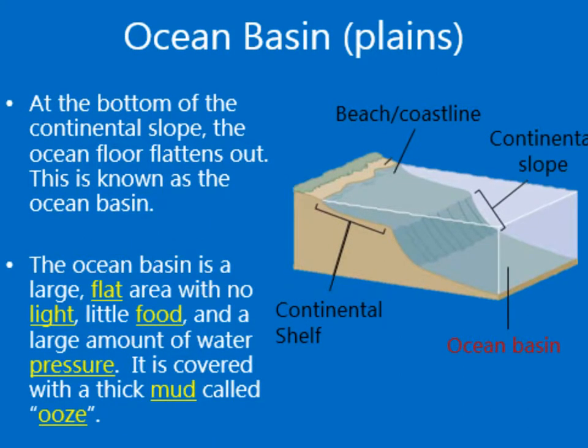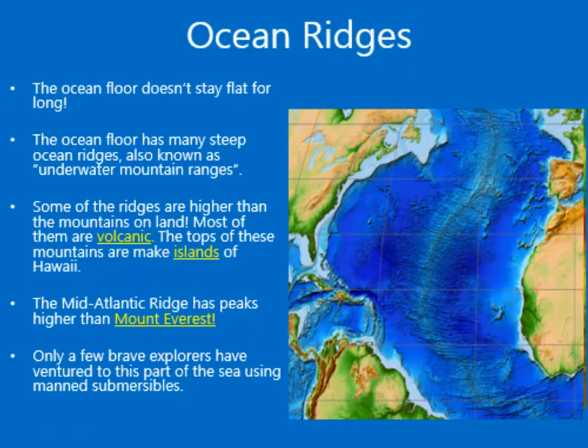At the bottom of the continental slope, the ocean floor flattens out. This is known as the ocean basin. The ocean basin is a large, flat area with no light, little food, and a large amount of water pressure. It is covered with a thick mud called ooze.